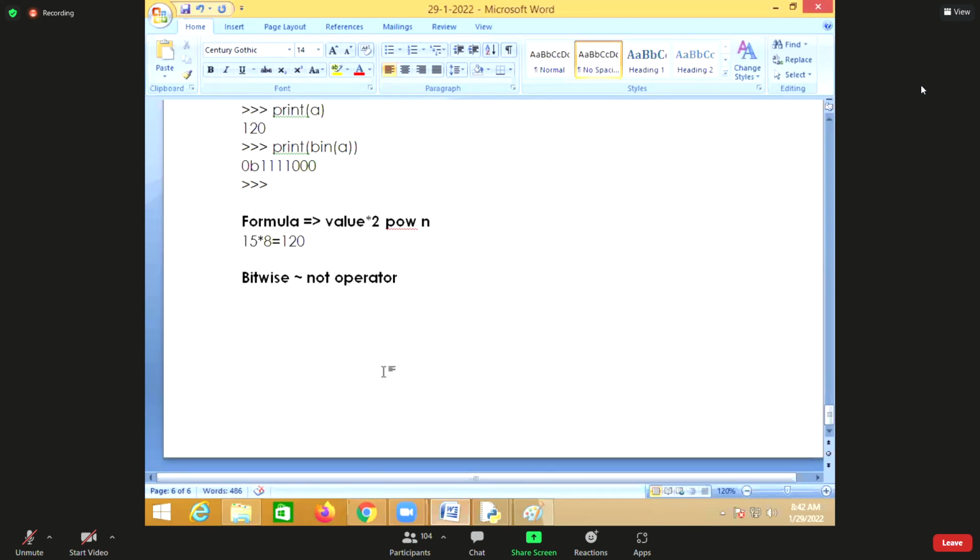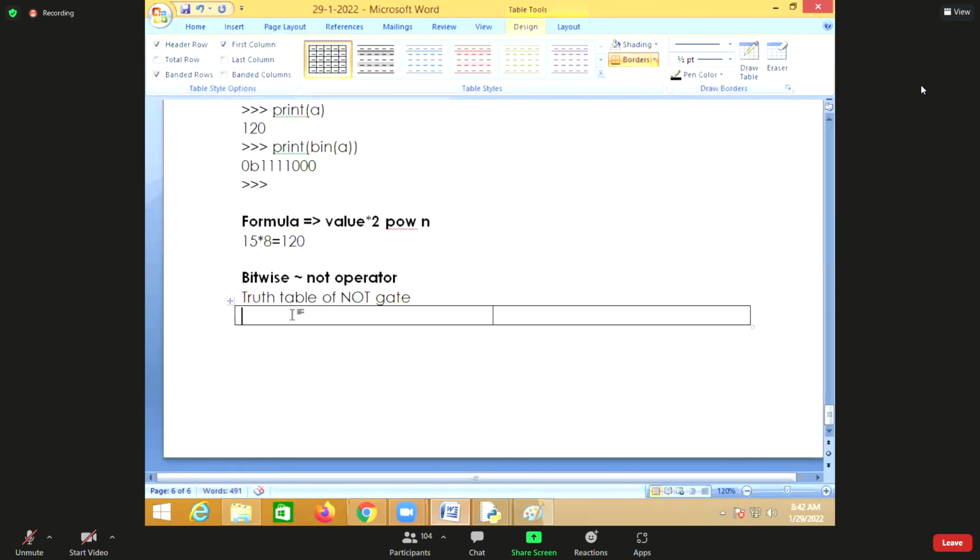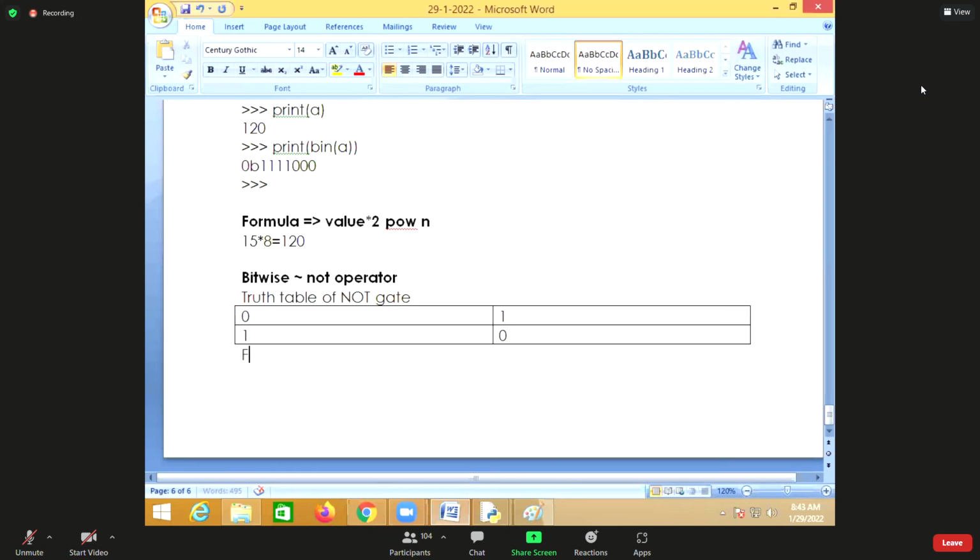one formula, but just write here the truth table of the NOT gate. But if it is positive, it will convert into negative here. So 0, 1 and 1 and what? 0. So you can apply this formula here.